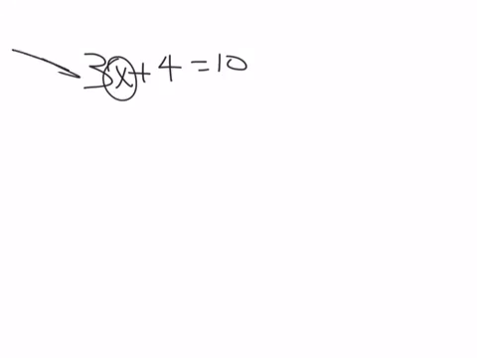The number of variables in an equation determines how many equations you need to solve the problem. For example, with 3x plus 4 equals 10, there is one variable and one equation, therefore I can solve for x.